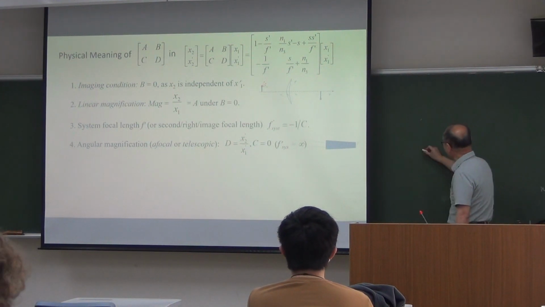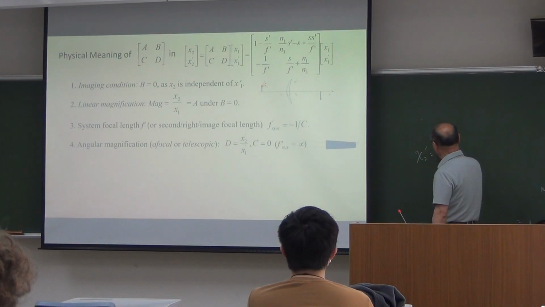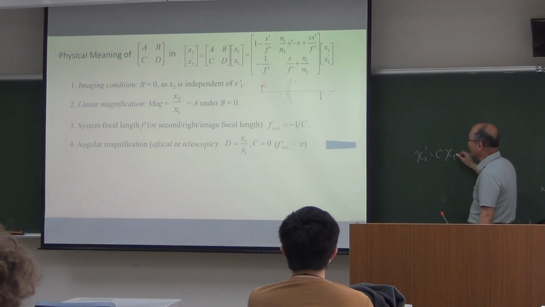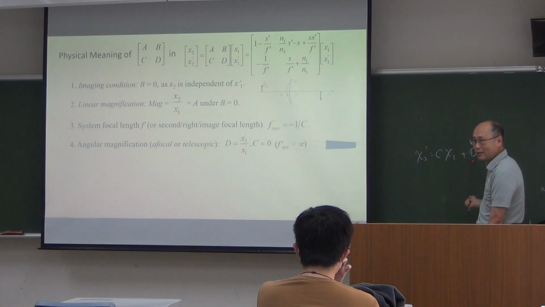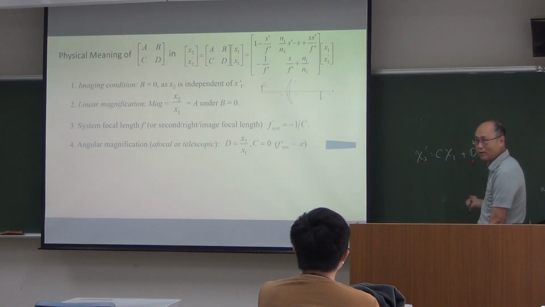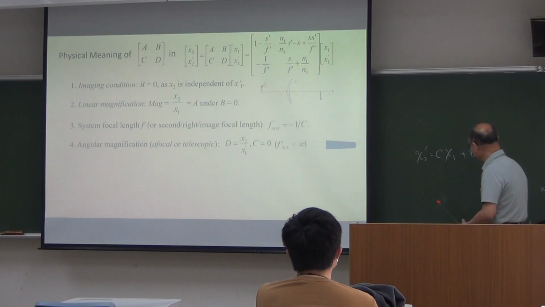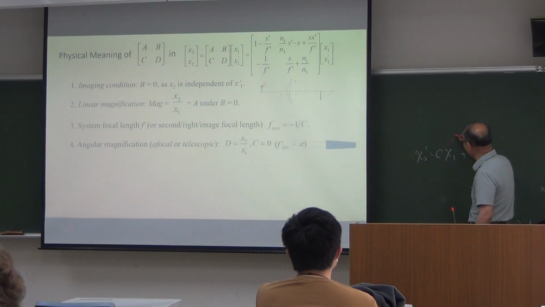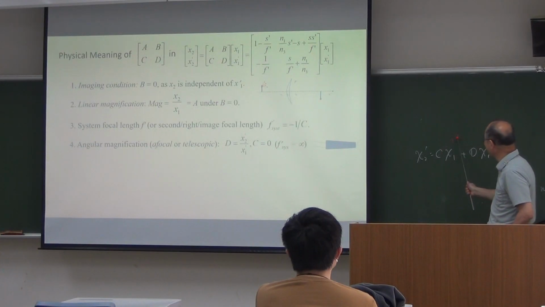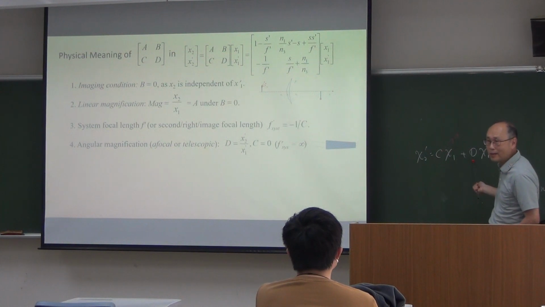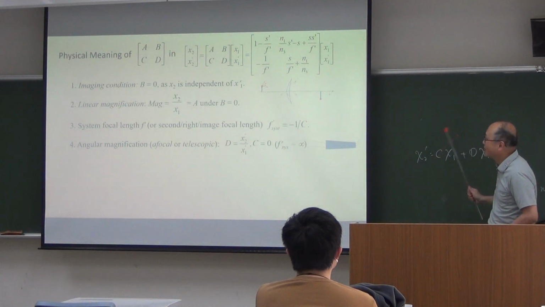So let's do the calculation. x2 prime is equal to C x1 plus D x1 prime. If I want to isolate D, what will I do? Well, it's easy, right? Let's set this to be equal to 0.